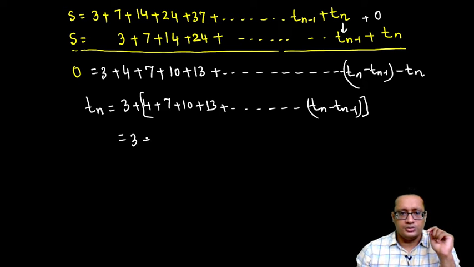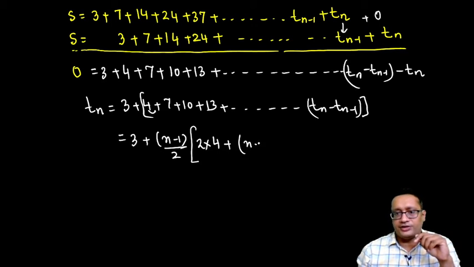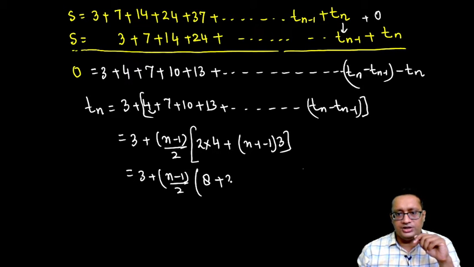See here, n minus 1 by 2 into twice A, twice A means 2 into 3, plus n minus 1 common difference, which is 3. So it becomes n minus 1 by 2 into 6 plus 3n minus 3, this becomes 3n plus 3 times n minus 1 by 2.